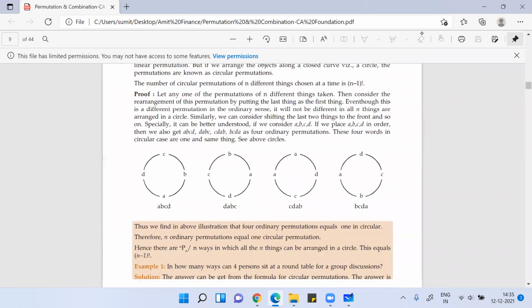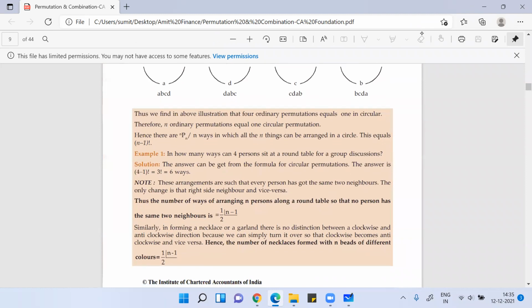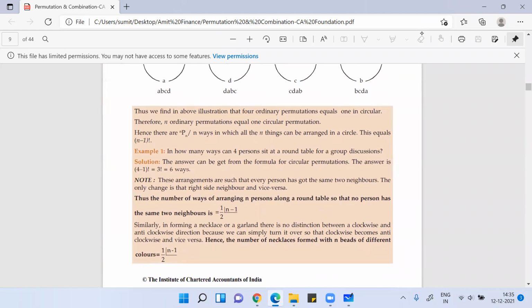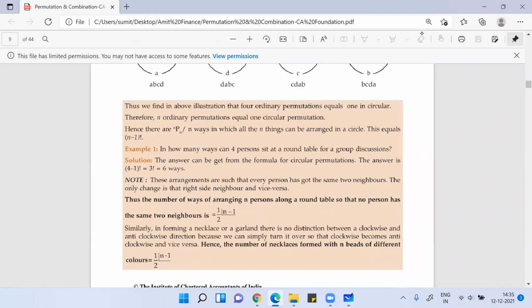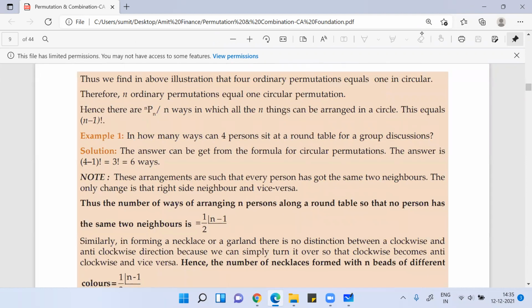Here you can see, 4 persons can sit at a round table for a group discussion. The answer will be 3 factorial. Similarly, the number of ways of arranging n persons along a round table so that no person has the same two neighbors is n minus 1 factorial by 2.